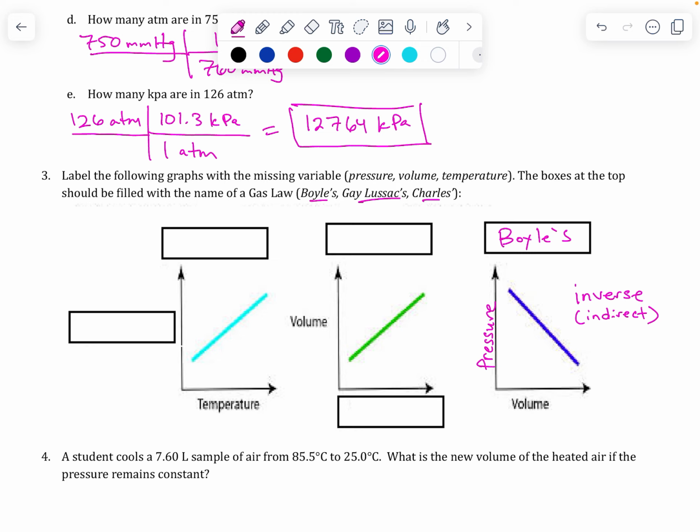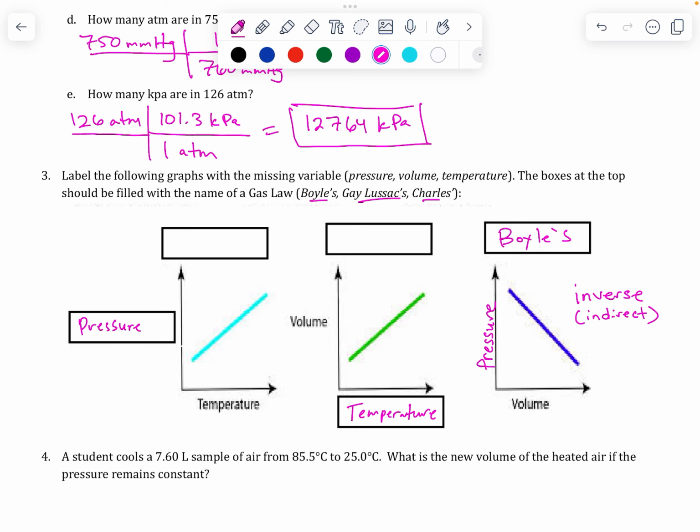And the other two, it doesn't necessarily matter what you put where, but actually it does, because volume is not directly related to anything else other than temperature here. So this would be temperature. This would be temperature and pressure was the other relationship with those variables.